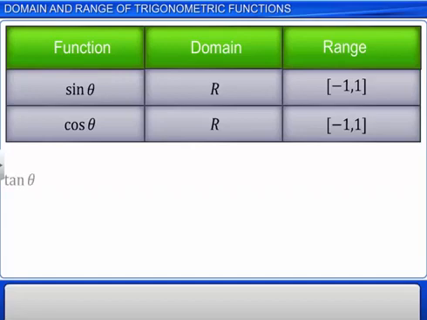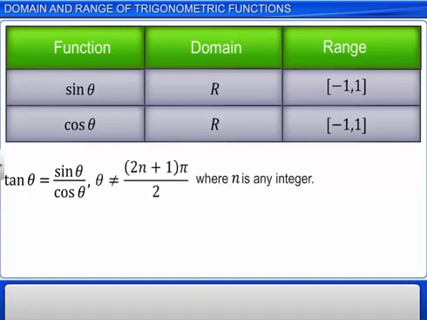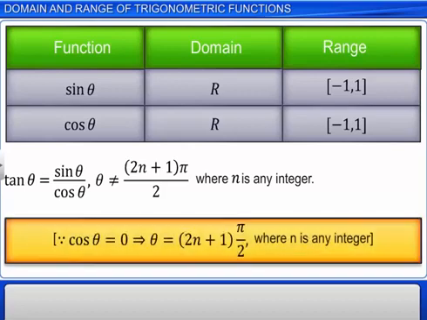Now, tan theta, which is equal to sin theta divided by cos theta, is defined when cos theta is non-zero. Now, cos theta is 0 when theta is equal to 2n plus 1 into pi by 2. Therefore, tan theta is defined for all theta belonging to the set of real numbers not equal to 2n plus 1 into pi by 2, where n is any integer.